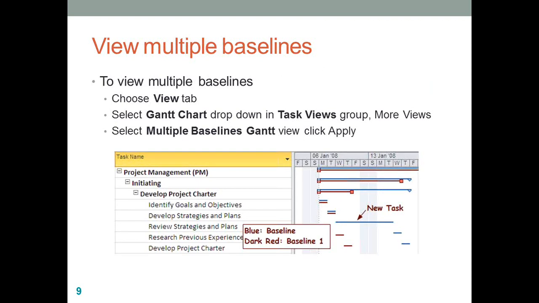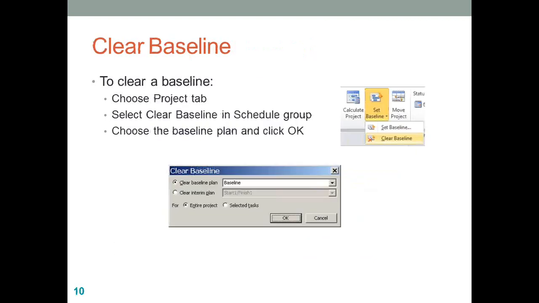So remember, by default, Microsoft Project will display only 3 baselines, that is baseline, baseline 1 and baseline 2. So if you want to look at the other baselines, you might want to customize this through the bar styles option. To clear the baseline, go to the same project ribbon, choose the clear baseline option.